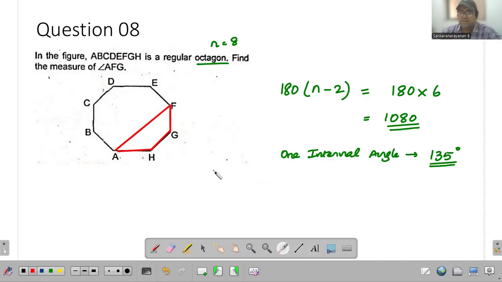You can see 1, 2, 3, 4, four sides. The sum of all the internal angles of a quadrilateral is equal to 360 degrees, right? So angle A plus angle F plus angle G plus angle H, the total should be 360 degrees. But here I do see one internal angle of 135 degrees, and another internal angle that is also 135 degrees.